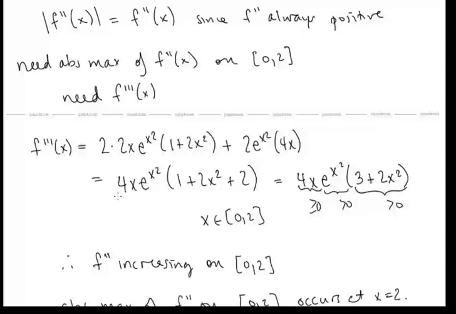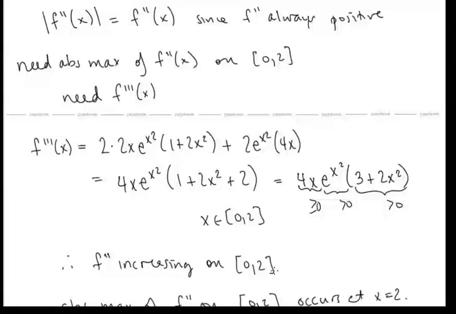But we notice when we find the third derivative of f that for x in 0, 2, we've got 4x greater than or equal to 0, e to the x squared strictly greater than 0, and 3 plus 2x squared strictly greater than 0. So f double prime is then increasing on 0, 2. If its derivative is greater than or equal to 0, it's increasing, or I should say maybe non-decreasing, on 0, 2.